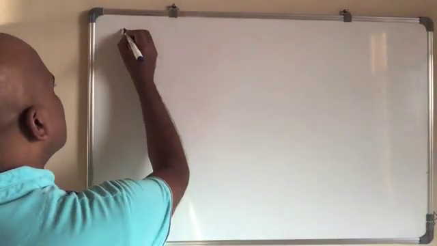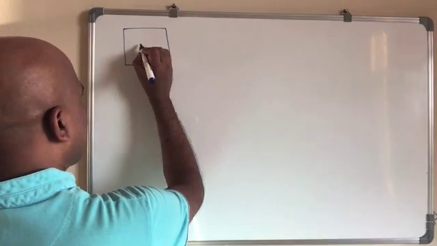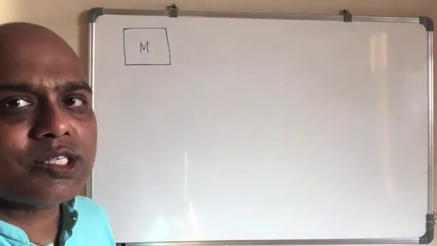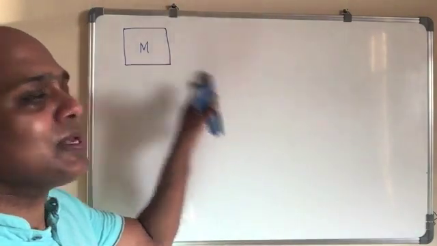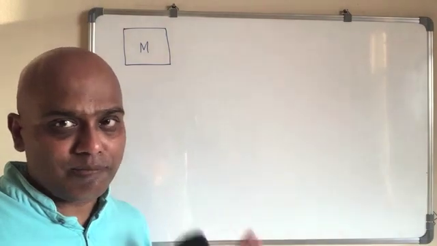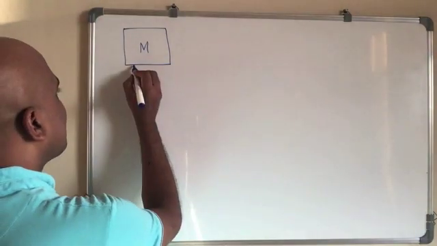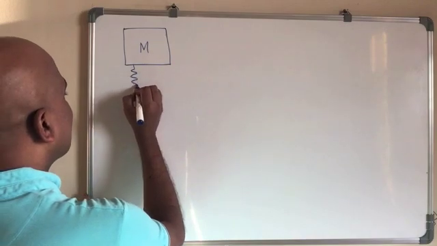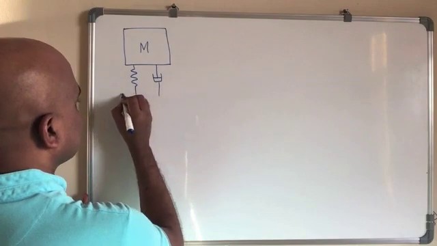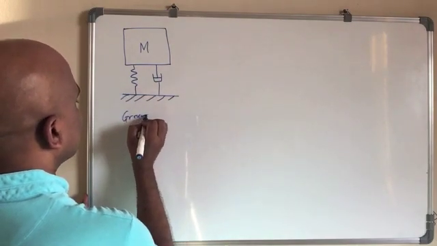So let's start with this. We will now just write it as M. This is the big M. Big M means it is the mass of the engine and the mass of the rotor as well, all combined. Yeah, and then we want to design some engine mount. And here is the ground. So this is the ground.